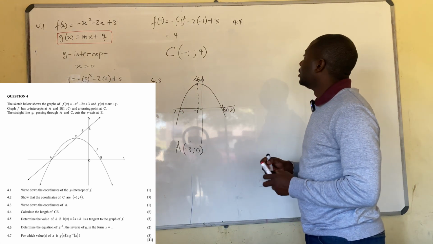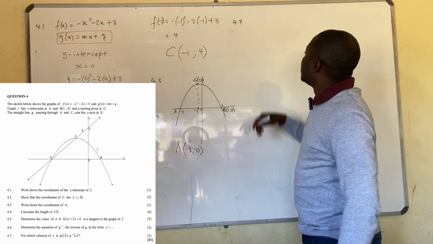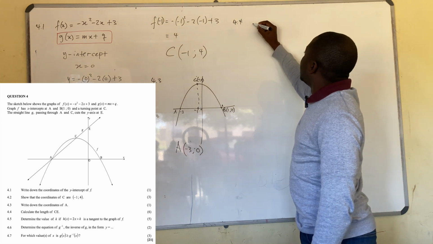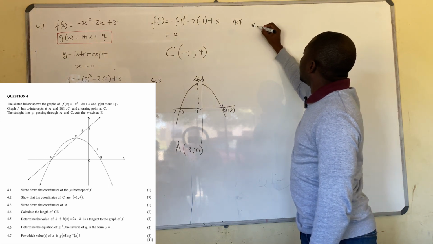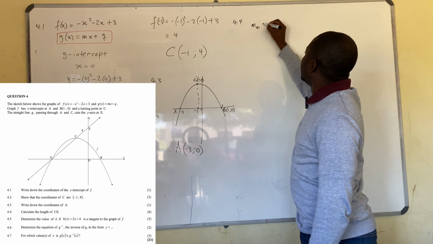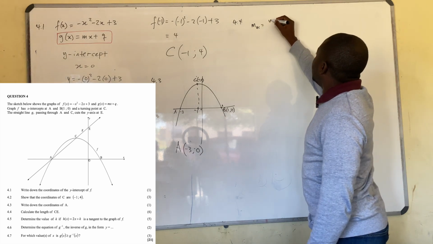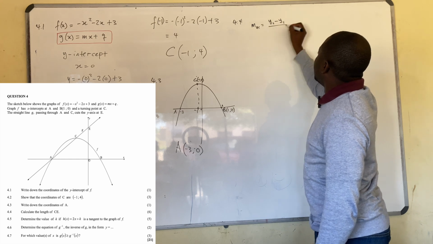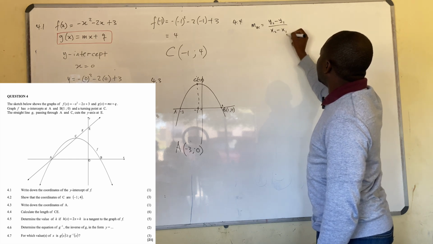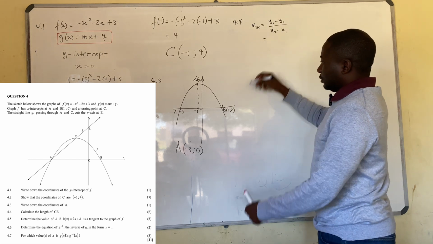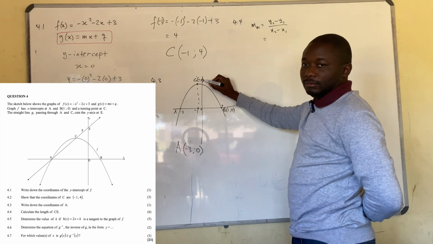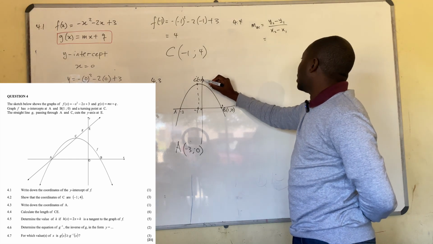So, to find the gradient, we say the gradient of AC is equal to y2 minus y1 over x2 minus x1. Then we can take the y for C as the y2, right?